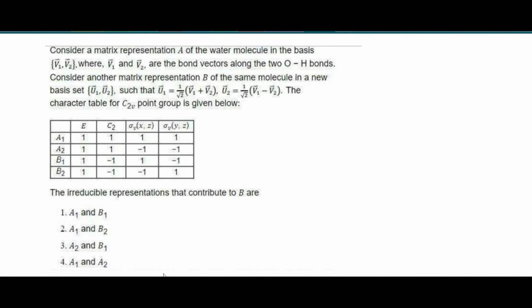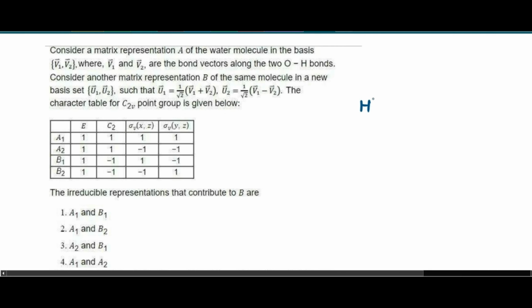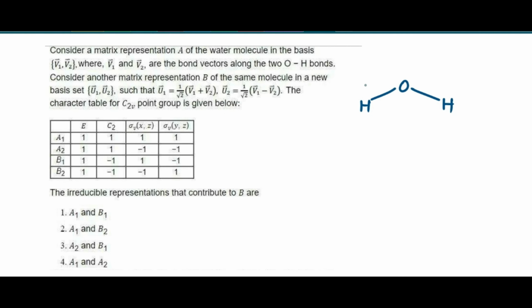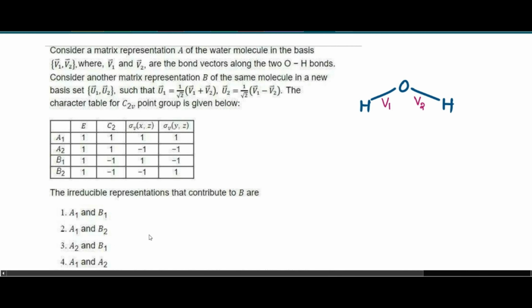Do you know what they are saying? You take water, and they say to make the bonds the basis set. That means this is my first bond, so I keep this as my first vector V1, and I take this next bond as V2. They are saying to make a basis set like that.